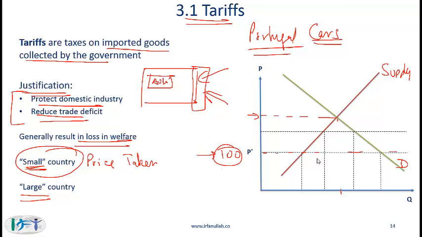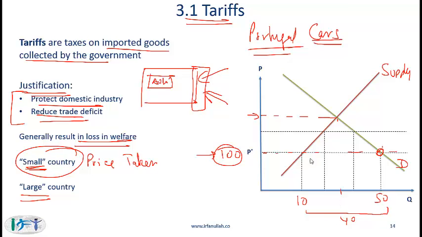At this particular price, the demand for cars will be over here, and let's say that this number is 50,000. The supply of cars might be 10,000, which means that the import then would be the difference between these two numbers, which is 40,000.